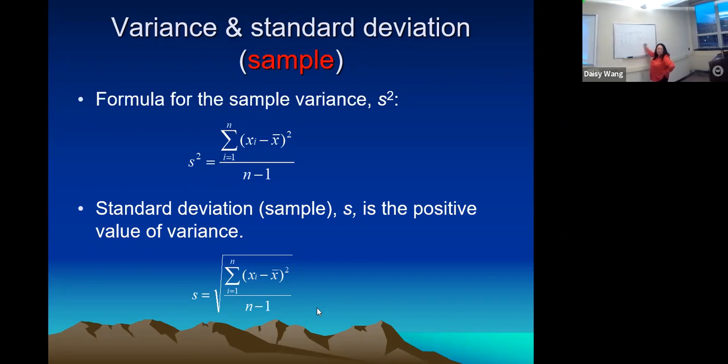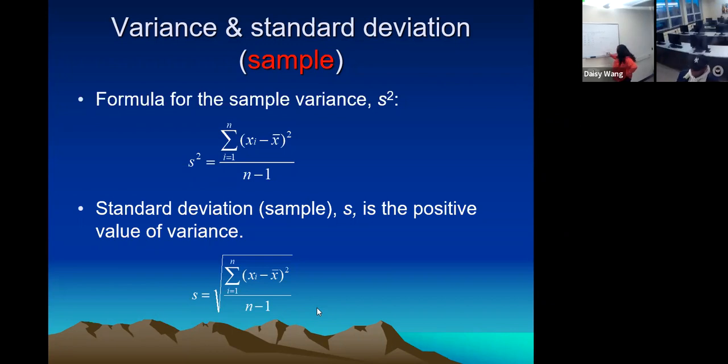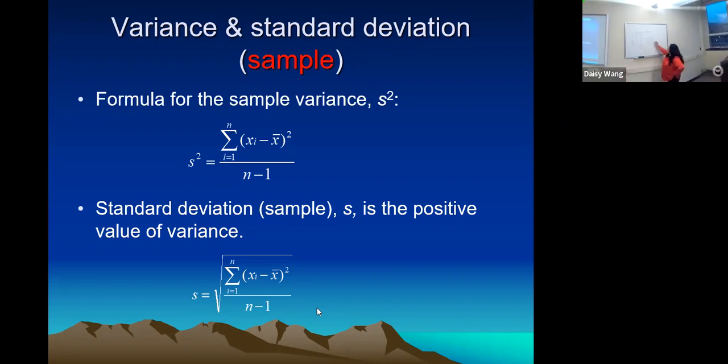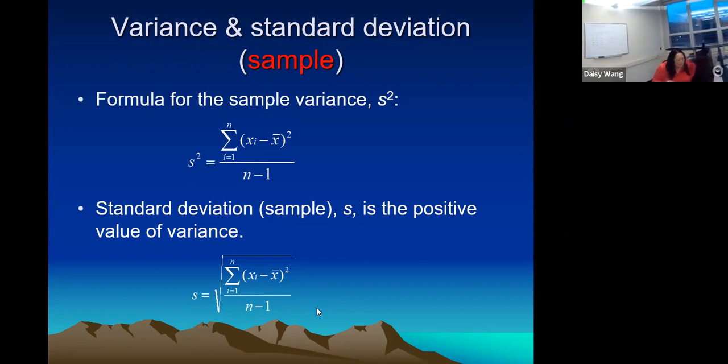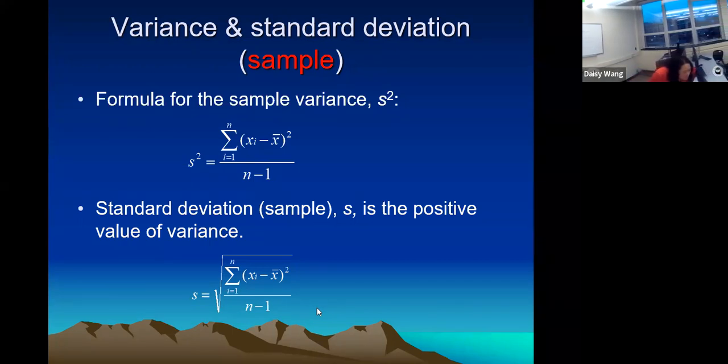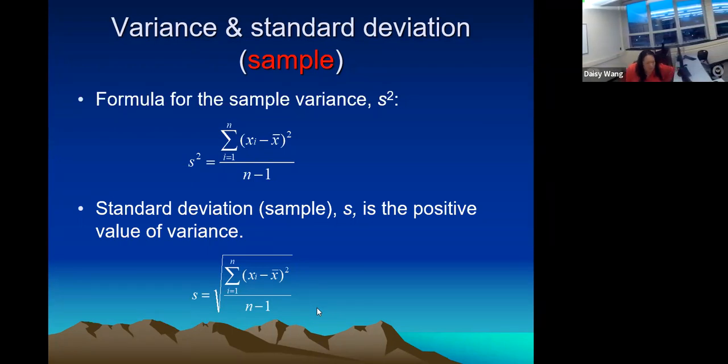And what is the square root of 425? 5 times the square root of 17. Square root of 425. Is it 21 point something? Put in the decimal.